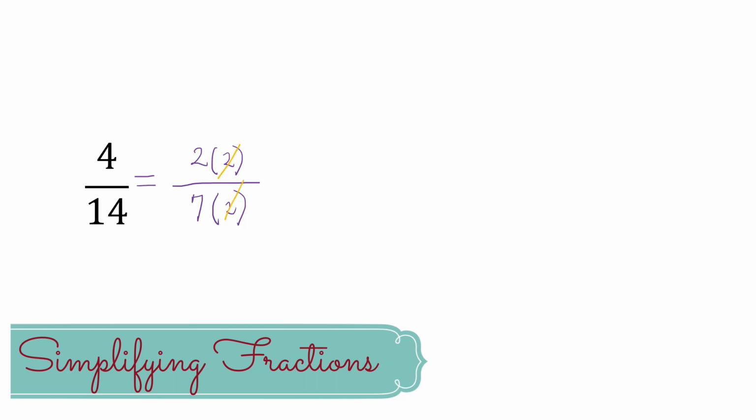Hence, what is left is 2 over 7, since 2 divided by 2 is 1. That's 2 over 7 times 1 equals 2 over 7. So it is clear that what we cancel out is the common factor until no common factor is left. That is, what we cancel out is the greatest common factor.